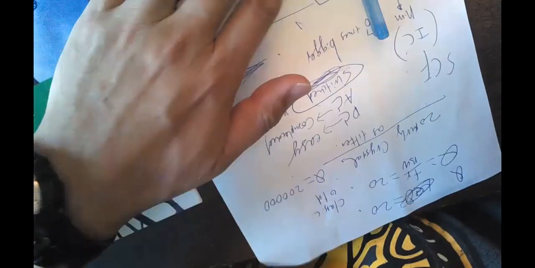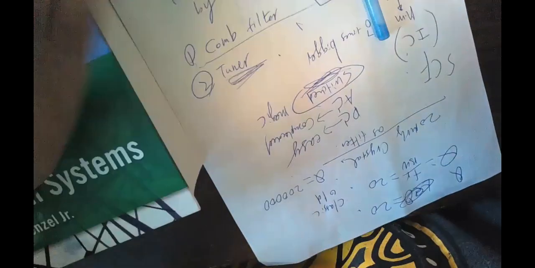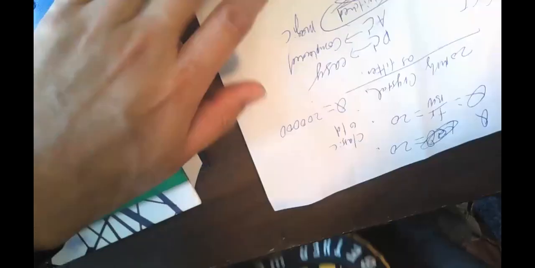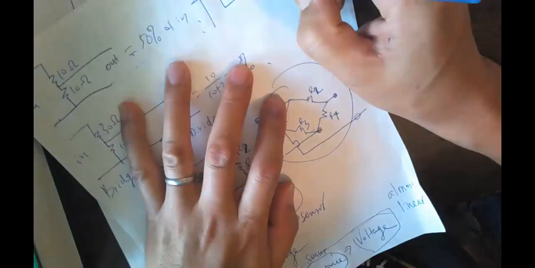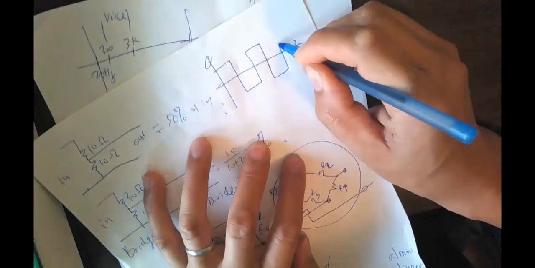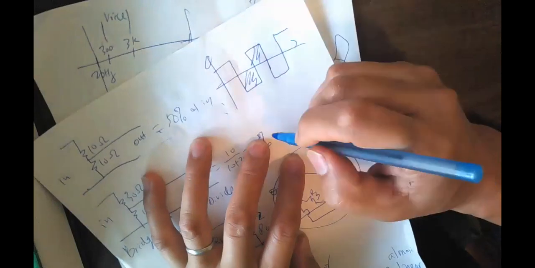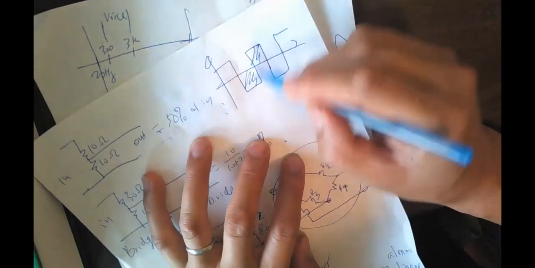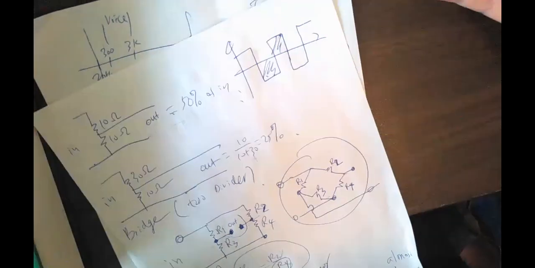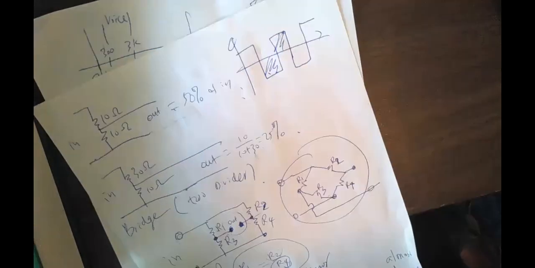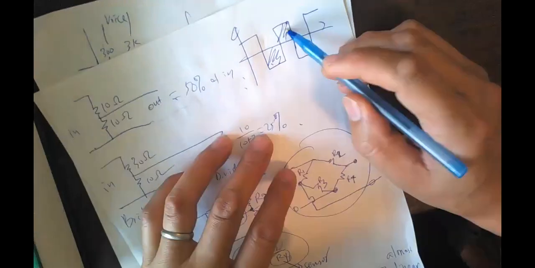So it's not perfectly half and half. My square is not perfectly half and half. That's a perfect half and half. That means this and this are perfectly equal. The positive and negative are perfectly equal. But that never happens. Sometimes this is bigger, sometimes this is bigger.